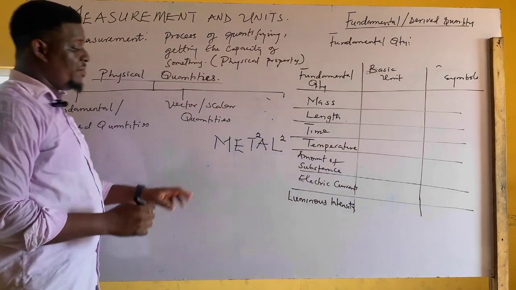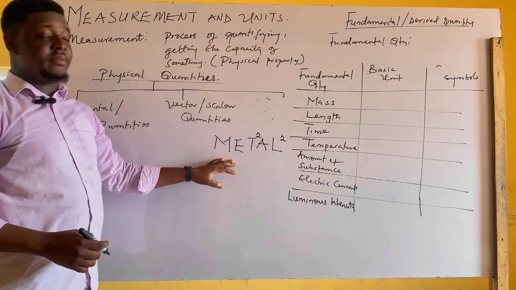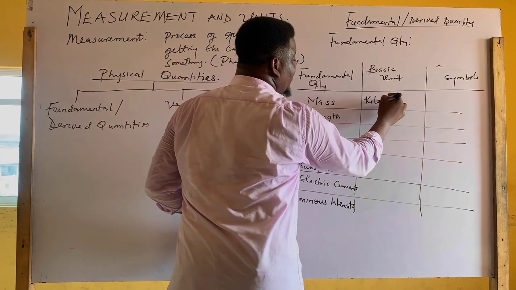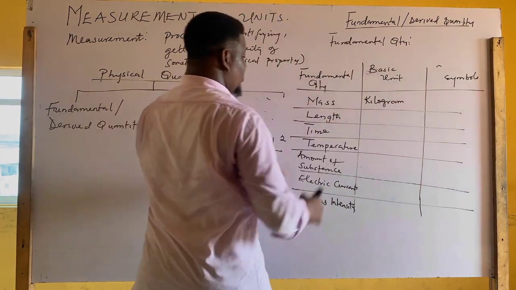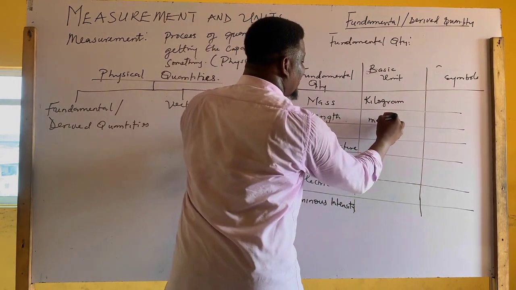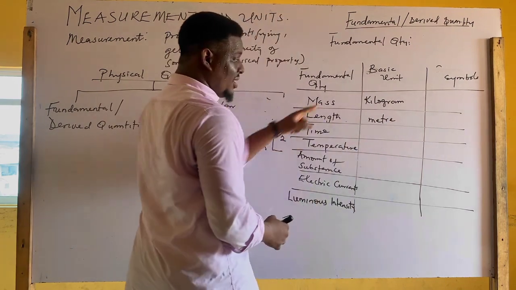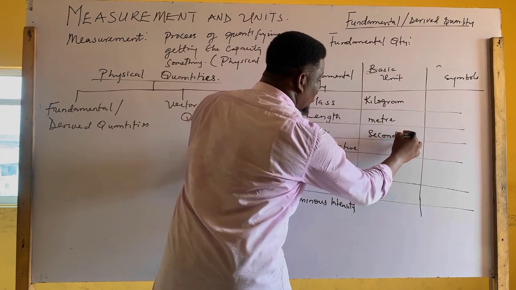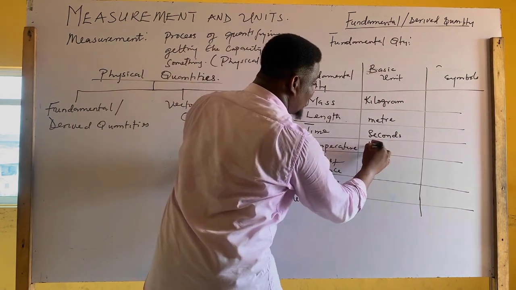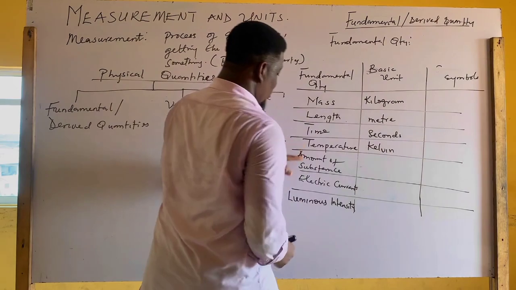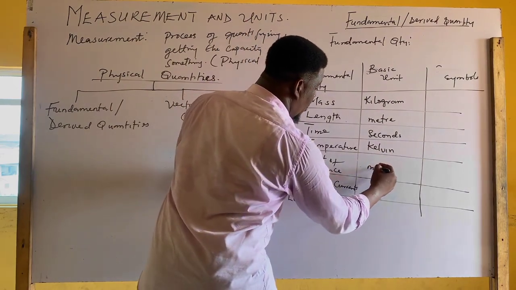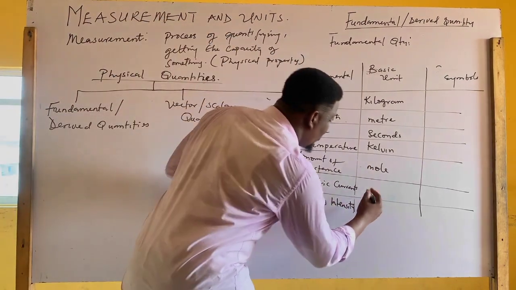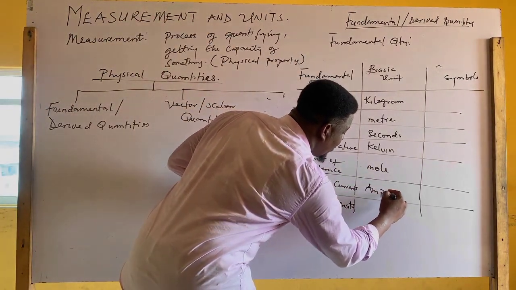So you can use this if you want to remember. You have the basic units: kilogram for mass, meters for length. Please keep notes. Time is seconds. Temperature is Kelvin. Amount of substance is mole, from the word molecules. Electric current is ampere.